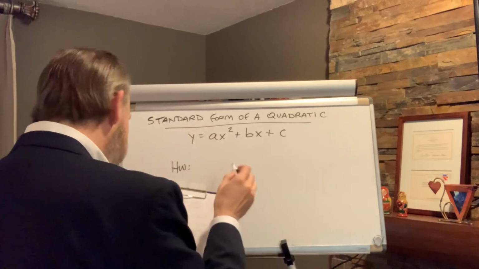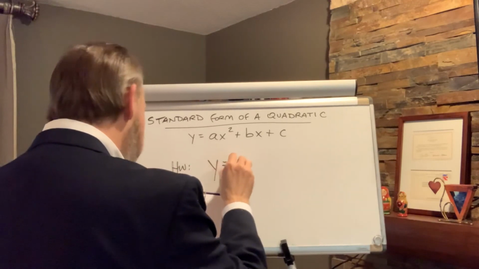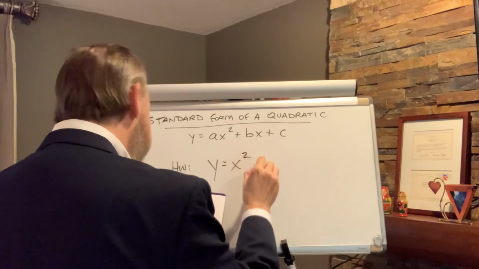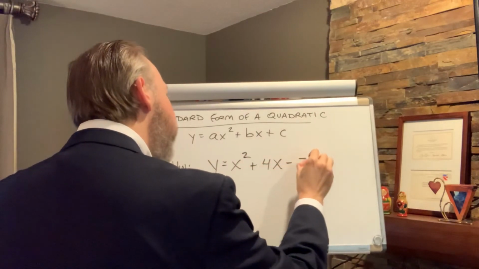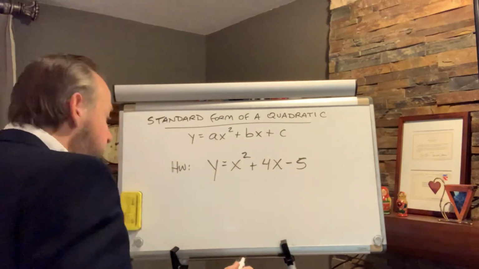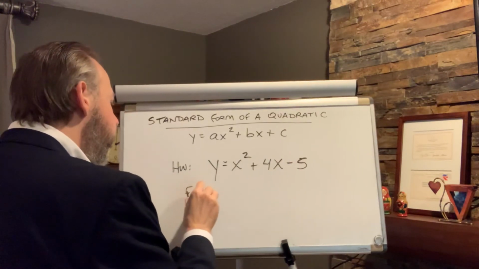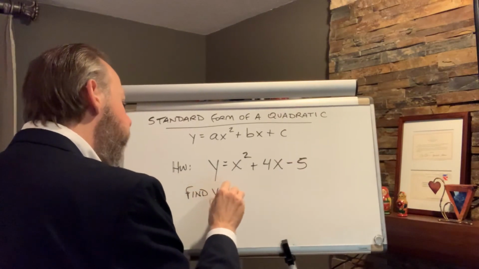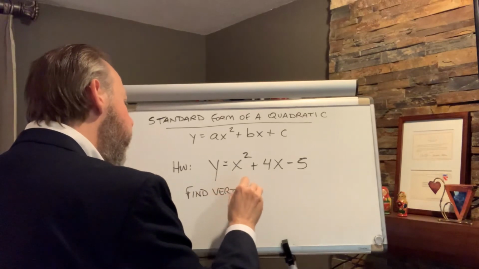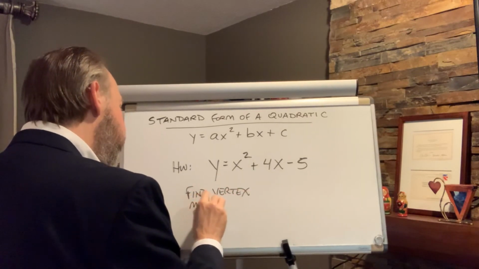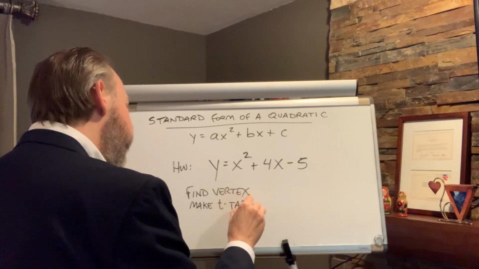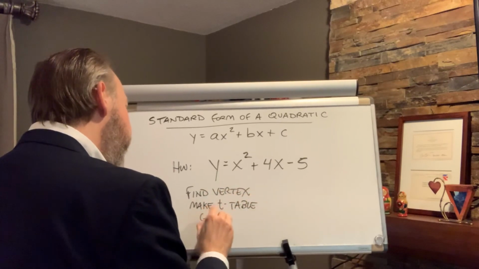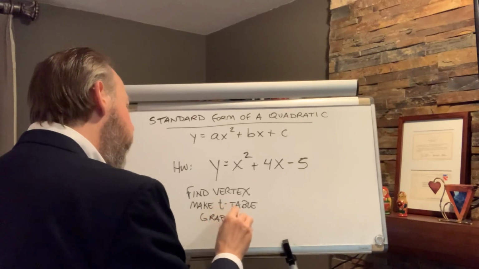Your homework prompt is the equation y equals x squared plus 4x minus 5. What do you have to do? Find the vertex, make the t-table, and graph this one equation.